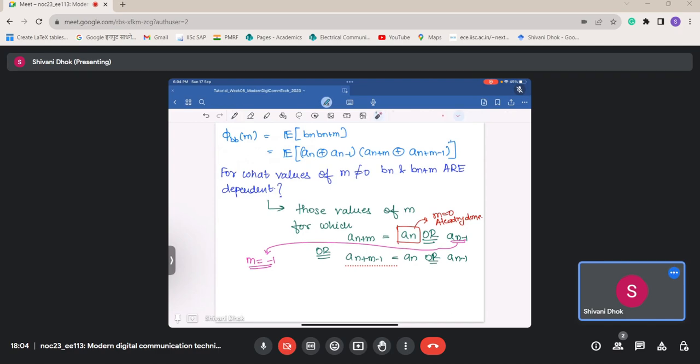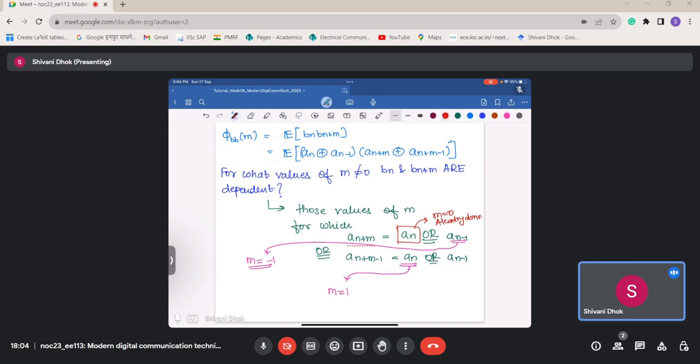Now let us look at this thing here. Now this an plus m minus 1 will be equal to an when this m is equal to 1. So this will be there when m equal to 1. This case we haven't looked at. Now this an plus m minus 1 will be equal to an minus 1 when m equal to 0.